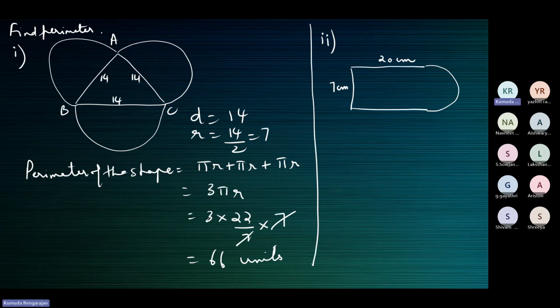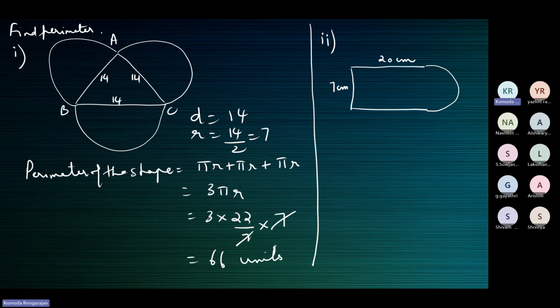You have to find the perimeter of the shape. Whenever you have a quadrant or a semicircle or a circle, you need the radius. So before you do anything, you have to first find the radius of the semicircle. That's not given. Other line segments, you know the lengths. So first find the radius.